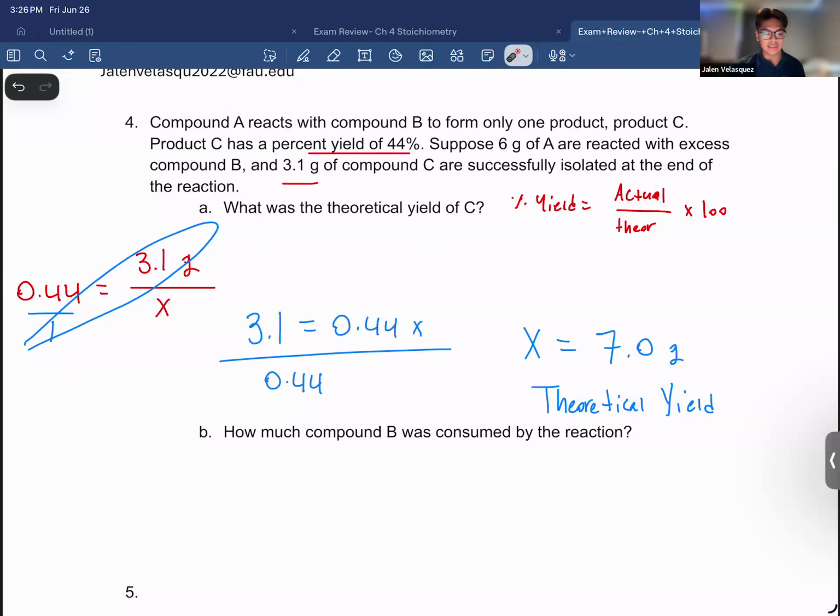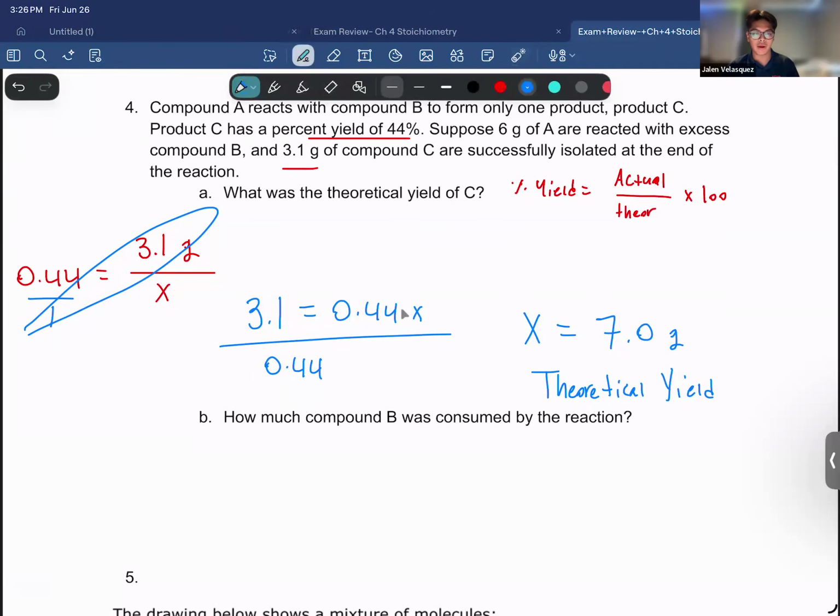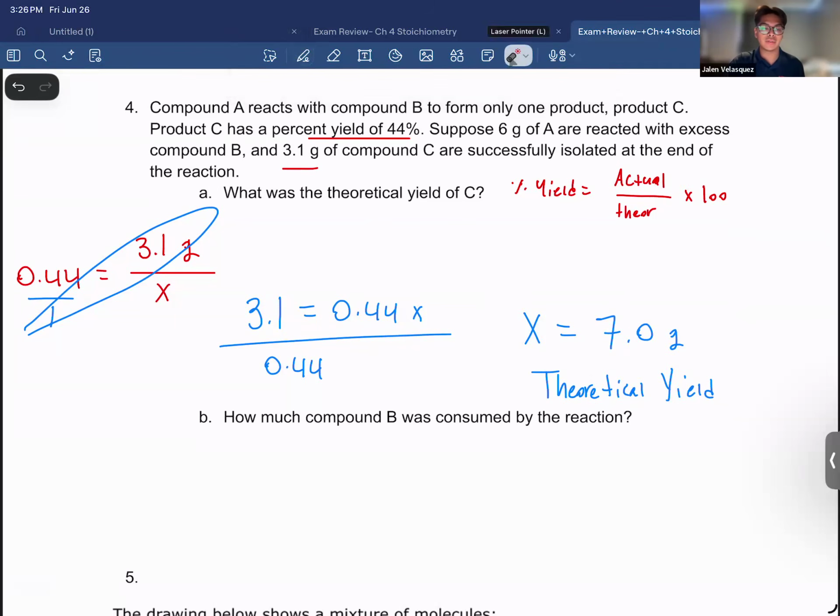Now, part B says how much of compound B was consumed by the reaction. This is really easy. The key here is that compound B was in excess. So compound A was my limiting reactant, and I had leftover compound B. So how much compound B is going to react?